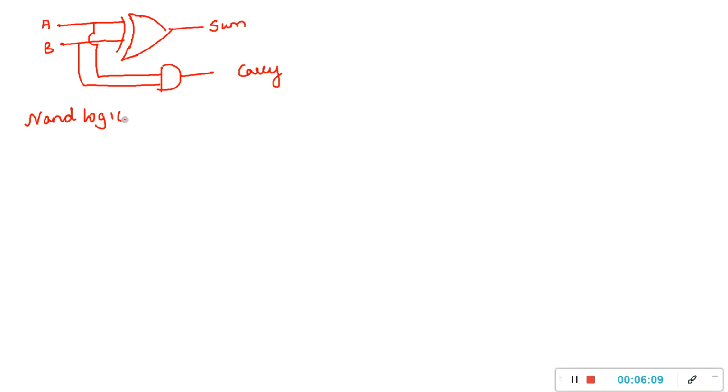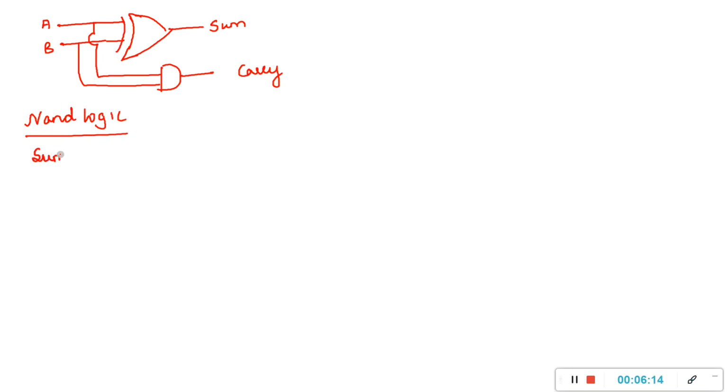This is a XOR gate which gives me the sum output, and this is A, this is B, this is carry. So how to do NAND logic for this circuit?